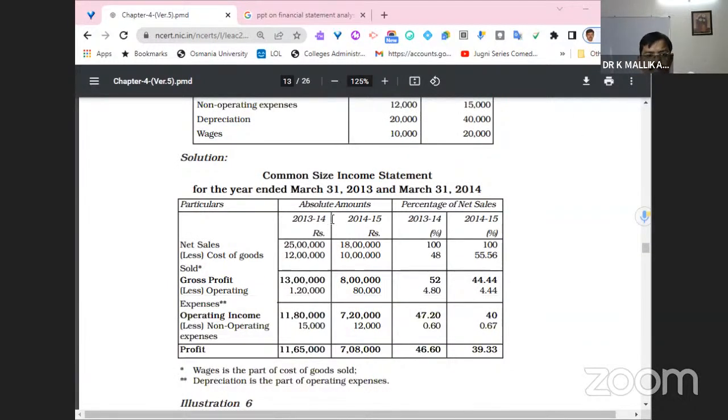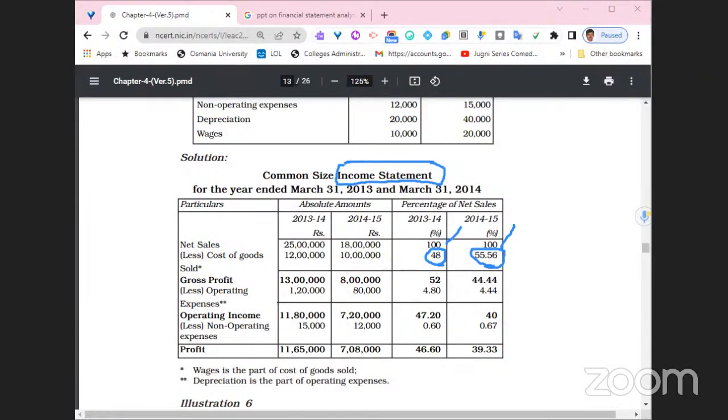So when you calculate an income statement, please understand, you will consider net sales as 100%. The remaining, how does this 48% come? How does this 55% come? 12 lakh divided by 25 lakh.